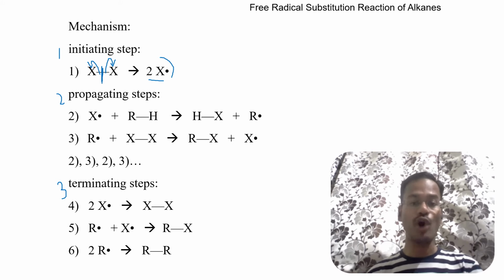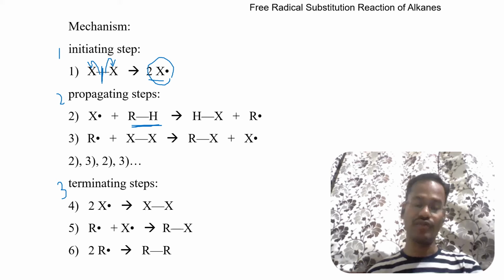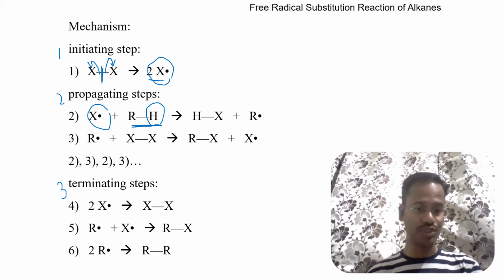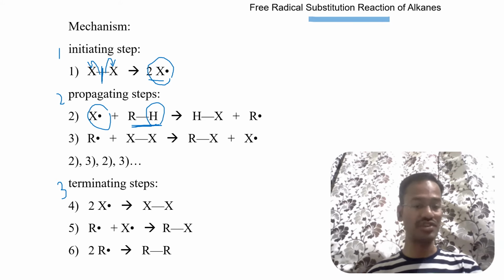And this formed free radical now attacks a hydrocarbon, that is an alkane, where one hydrogen will be replaced with a halogen free radical. That is the reason why this is called a substitution reaction. Here in the propagation step, a hydrogen will be replaced by halogen. That's why it is called a halogenation reaction.